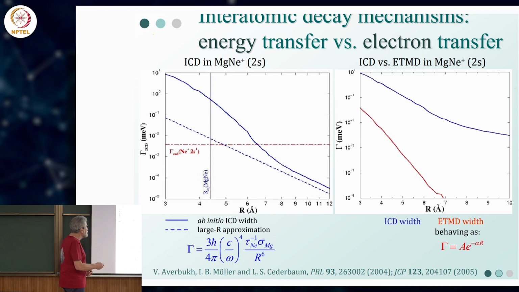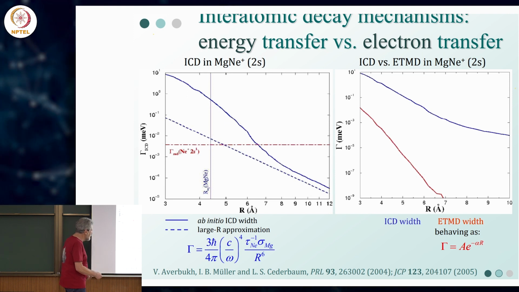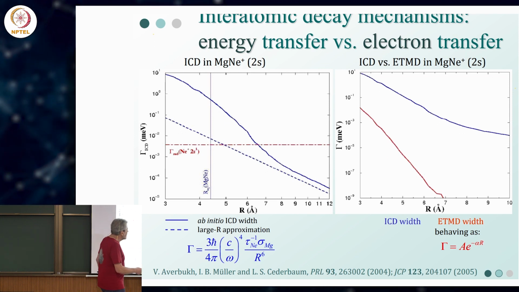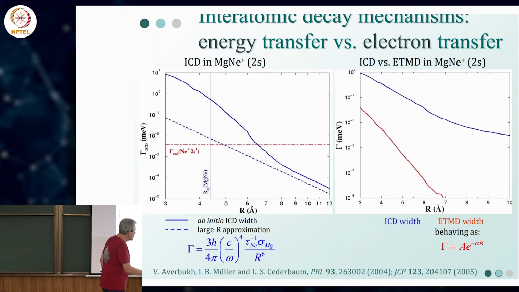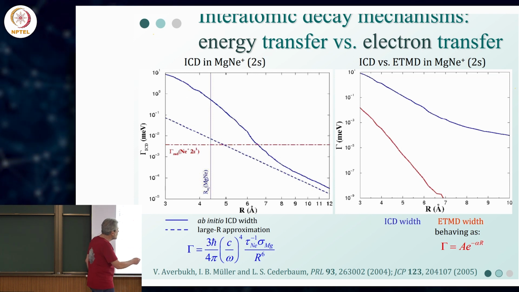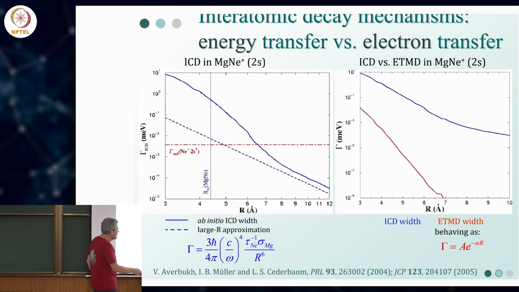Now, this is a logarithmic log-log plot. That's why you see here slope of minus 6. Here it's logarithmic, but this is a linear plot. So exponential is this. And this is the ab initio calculation. And this is the same ICD plot, which is of the rate, which we put here on this scale.